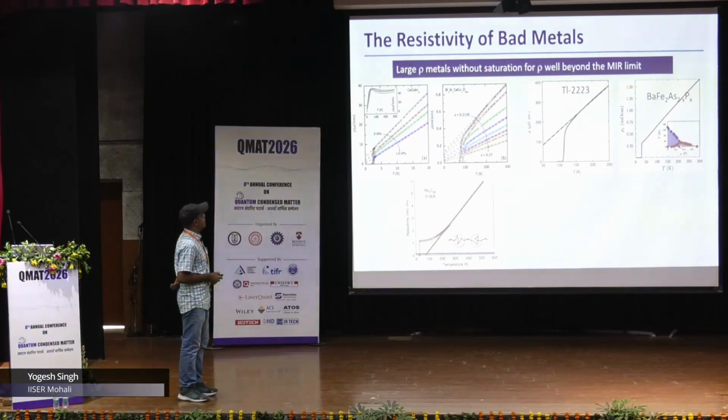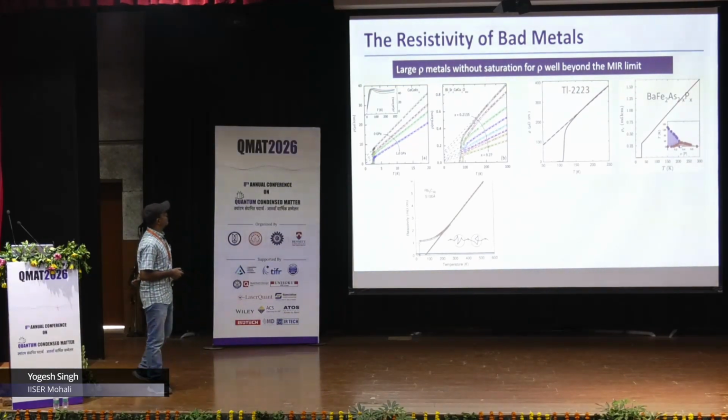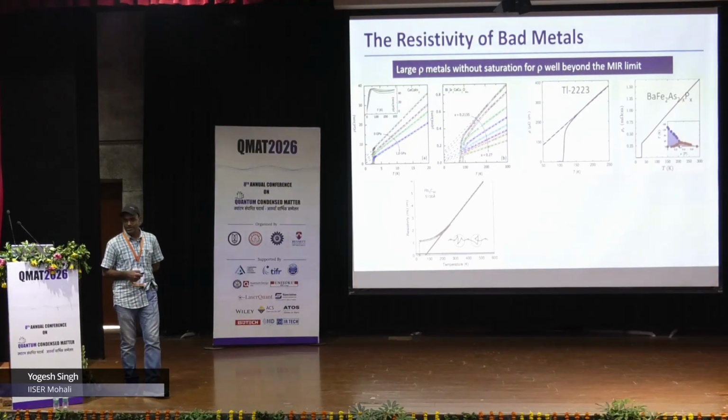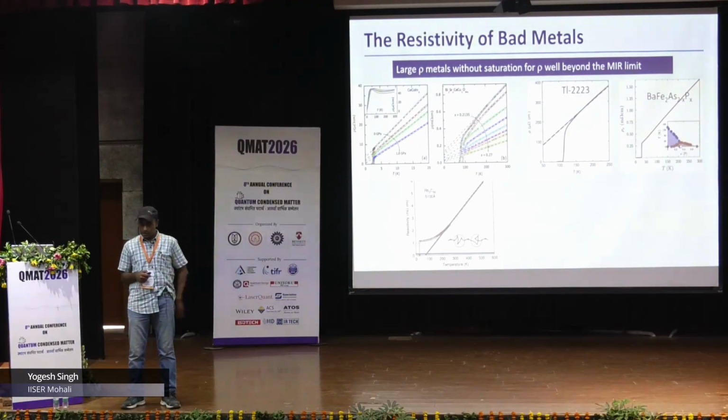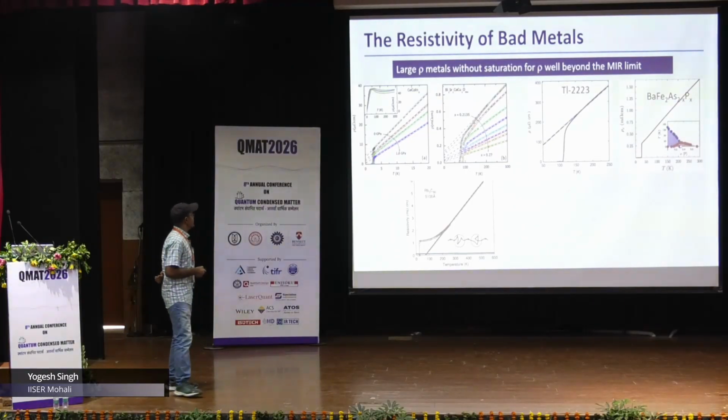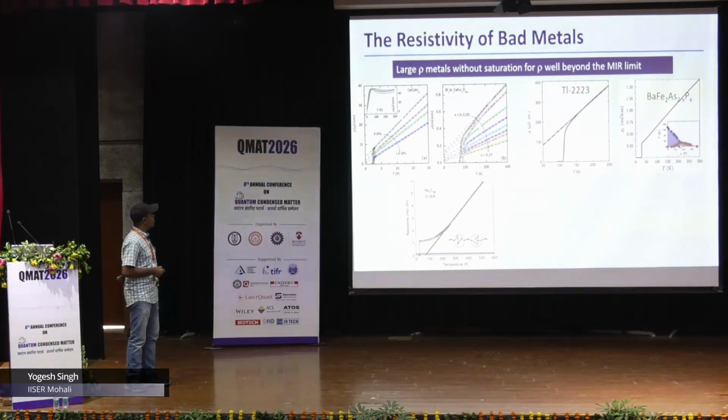But there are several classes of materials which have been found to show resistivities with no saturation, even though the resistances are such that the mean free path can no longer be said to be larger than the lattice constants. These are the heavy fermion superconductors close to quantum critical points.